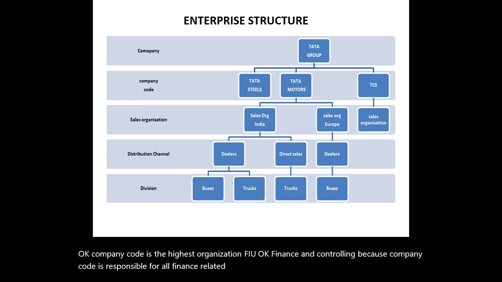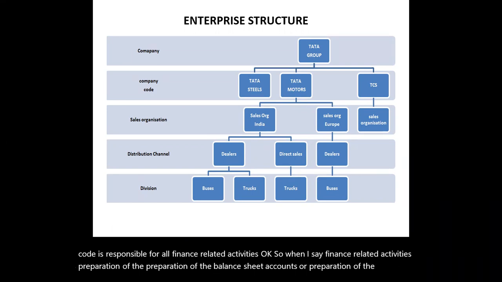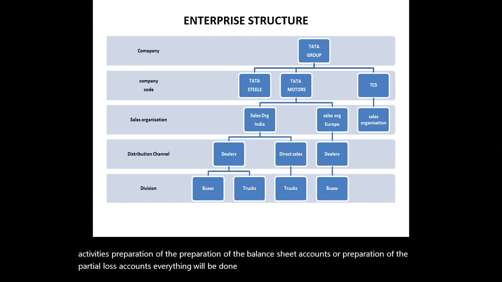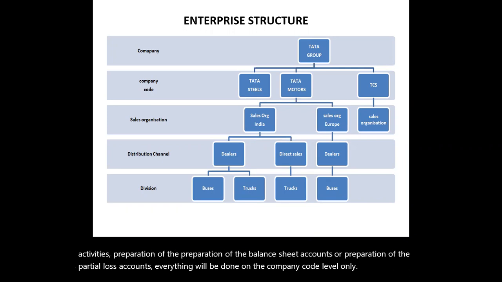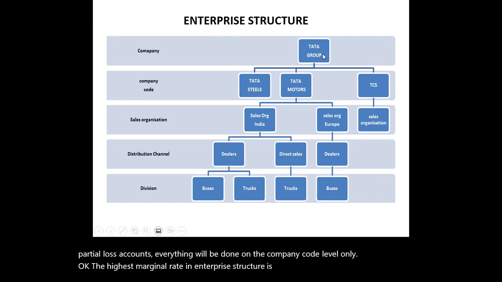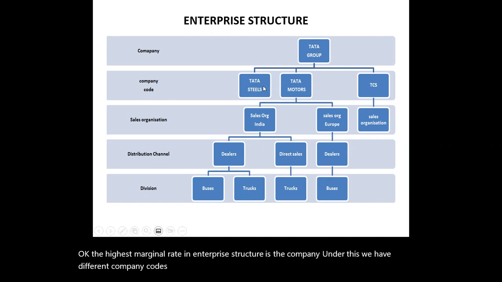When I say finance related activities, the preparation of balance sheet accounts or profit and loss accounts, everything will be done at the company code level only. The highest organizational unit in the enterprise structure is a company. Under this, we have different company codes. So the company code is the highest organizational unit in FICO, which is responsible for all finance related activities. Okay, all the postings.